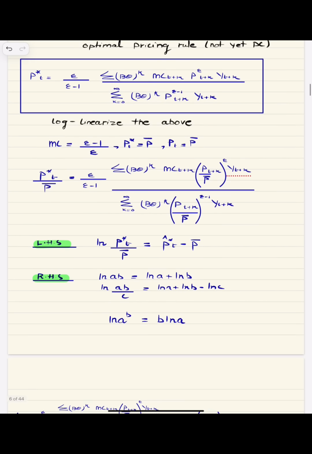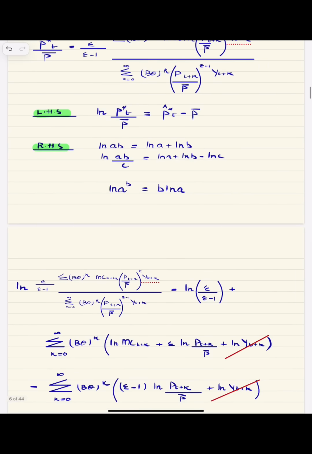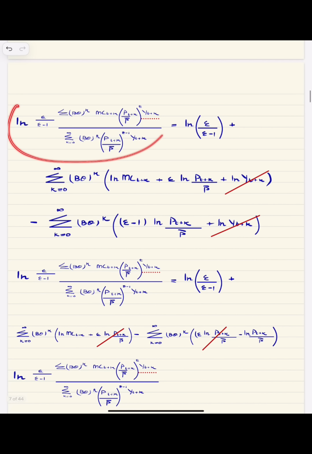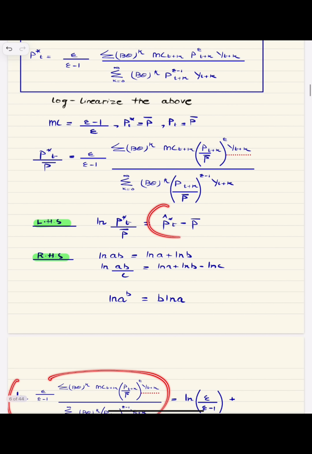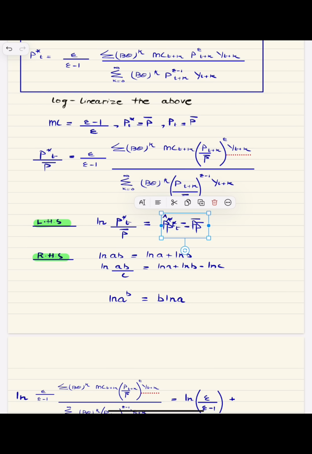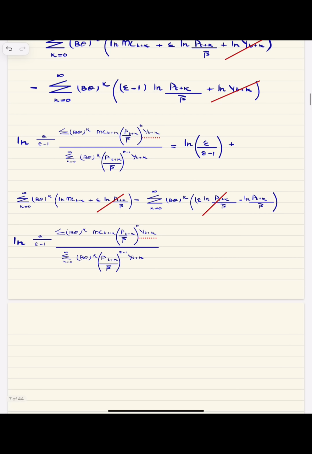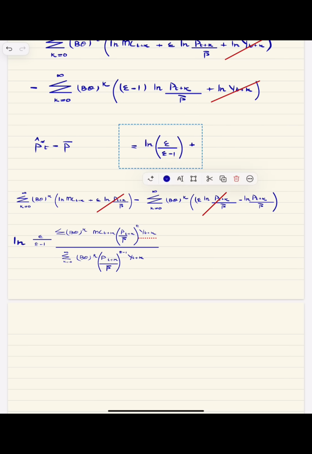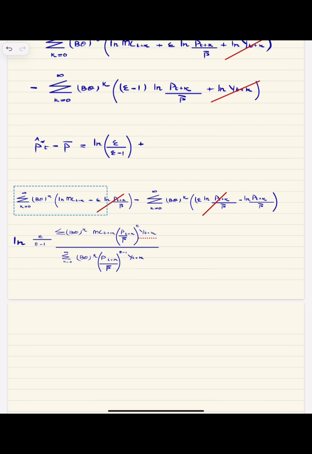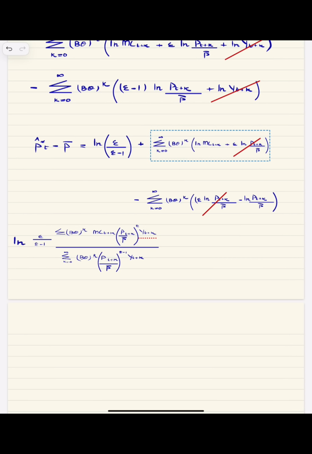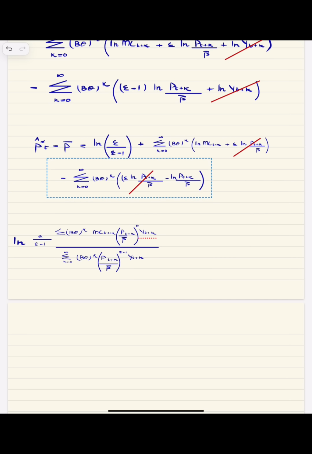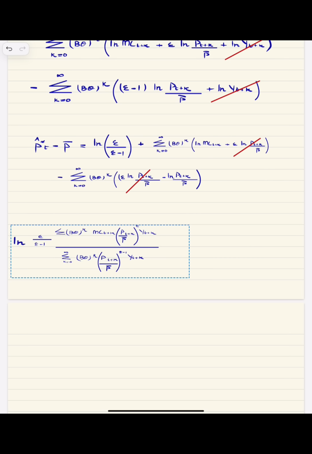So instead of writing the ln of this, I should just replace it by this, because the left hand side and right hand side are just equal to each other. It will save me a lot of space if I just use the fact that the left hand side has to equal the right hand side. Okay, yeah, it looks much better.